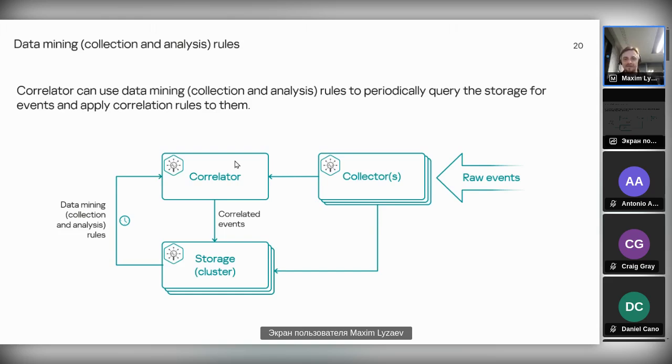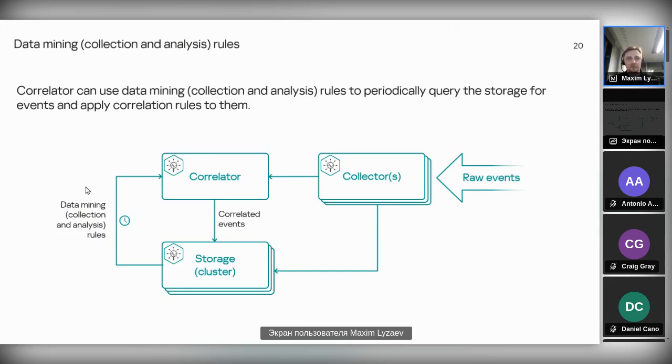So you need something else, like an active list. You could implement the same logic in previous releases of KUMA, but it was quite challenging. You had to create a lot of things to enable that. But with data mining, it's much simpler.